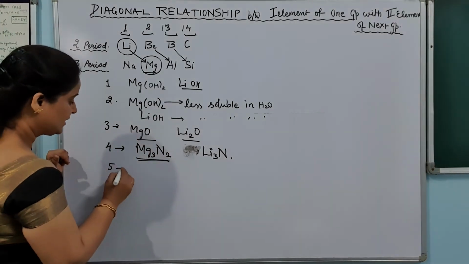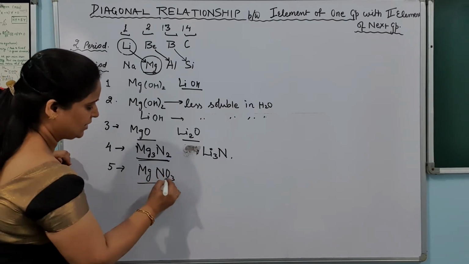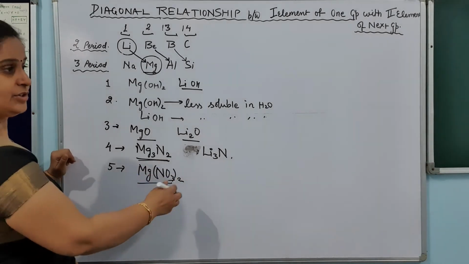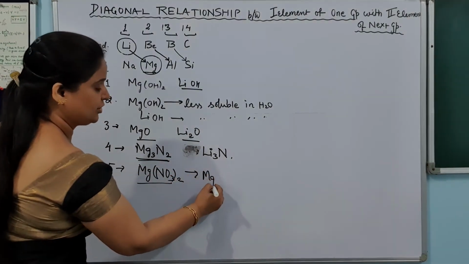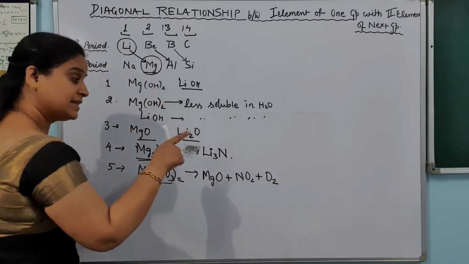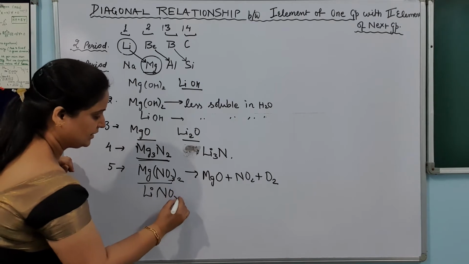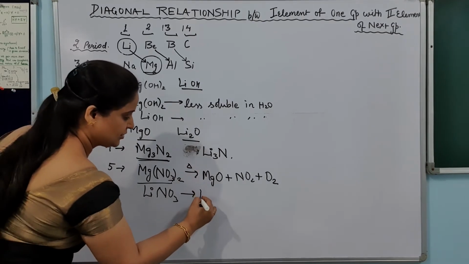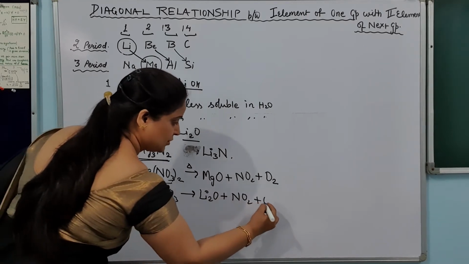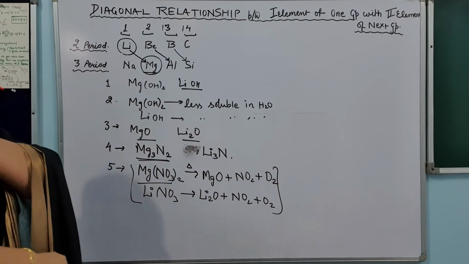Another point of similarity is that magnesium nitrate, Mg(NO3)2, if I heat it, will break down into MgO plus NO2 plus O2. Same way, if I heat LiNO3, lithium nitrate, it will also decompose into Li2O plus NO2 plus O2. Can you see both of them show the similar kind of reaction?